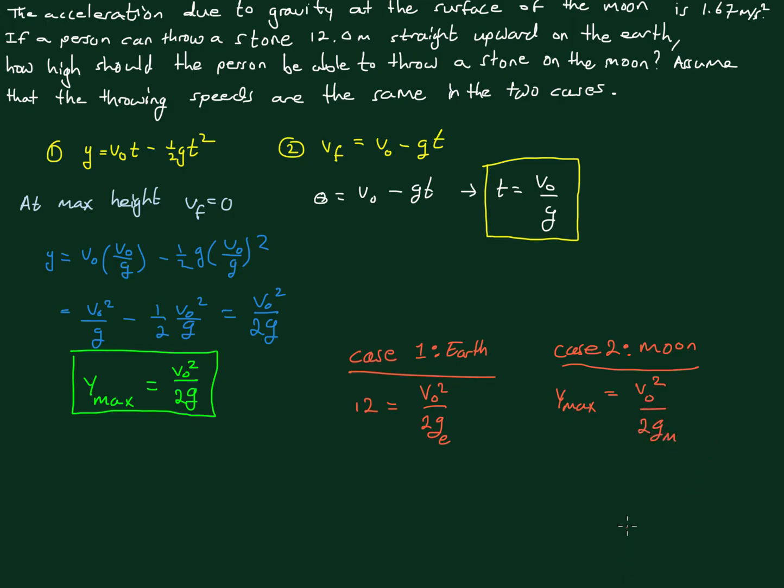So you see here that if we can solve for v0, we can plug it in here and solve for y max on the moon. So let's go ahead and do that. If we consider the first case, we find that v0 squared is equal to 24 times the gravitational acceleration of the Earth, g sub E. So we can plug this v0 squared into here for the second case.